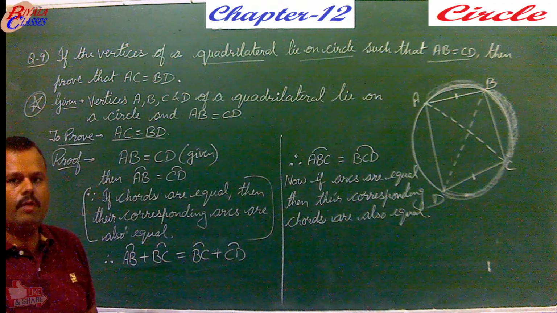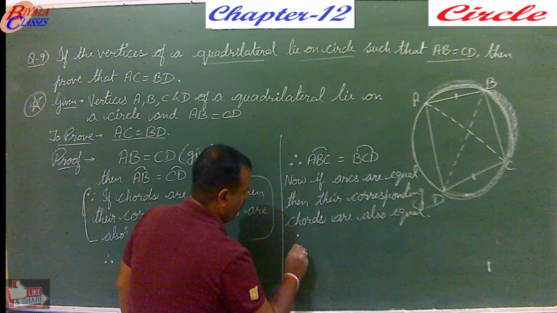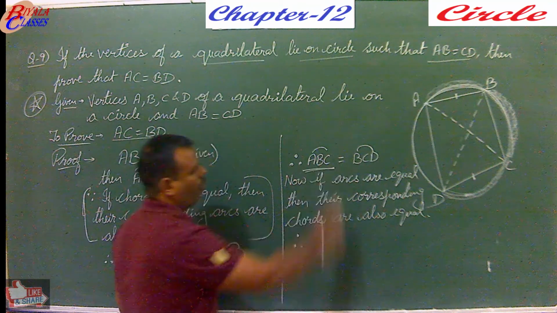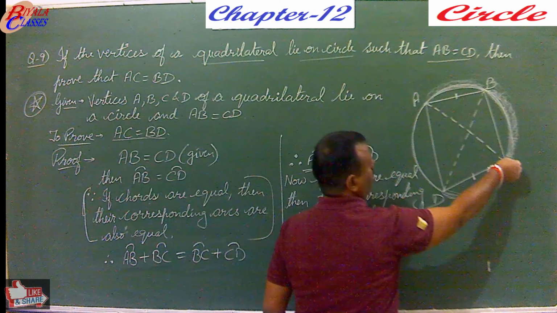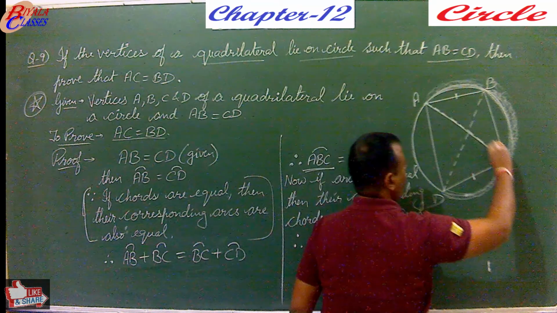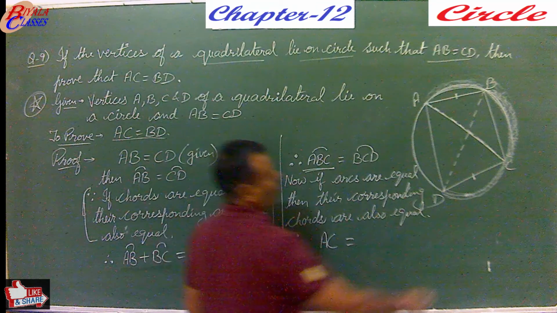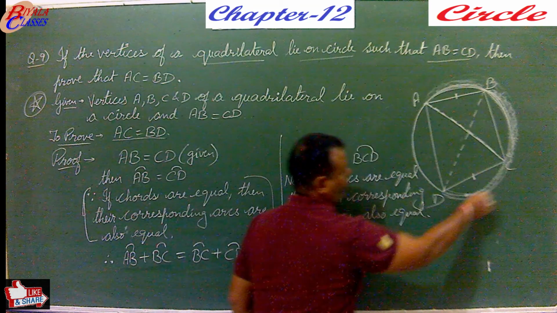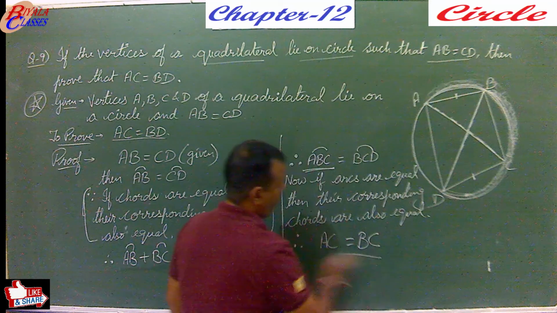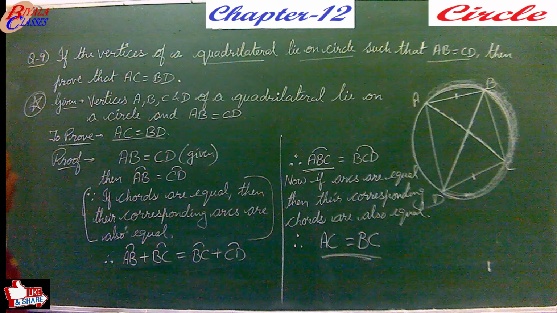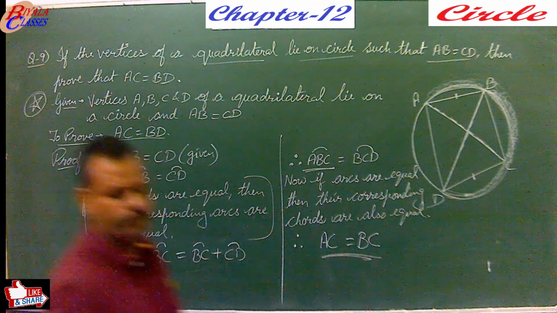If arcs are equal, then their corresponding chords will also be equal. Then what is the corresponding chord of arc ABC? If you consider this whole arc ABC, the corresponding chord is AC. So AC equals, now what is the corresponding chord for BCD? It is BD. So AC is equal to BD. Hence it is proved.